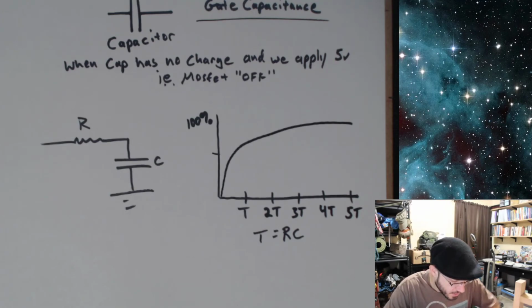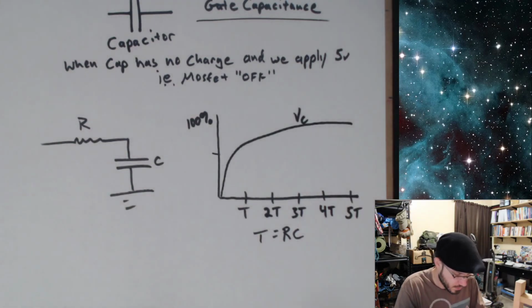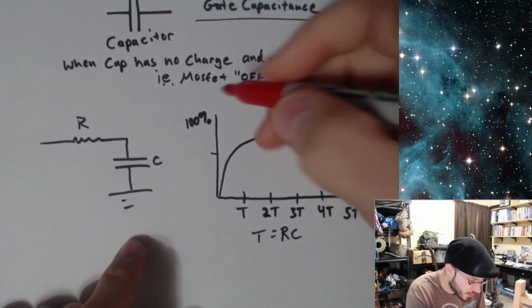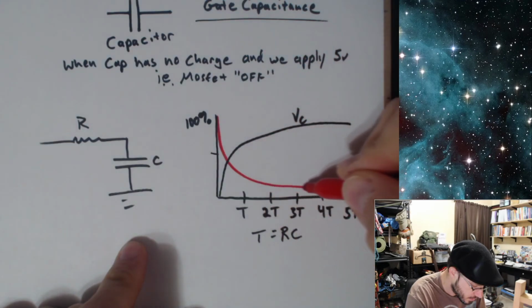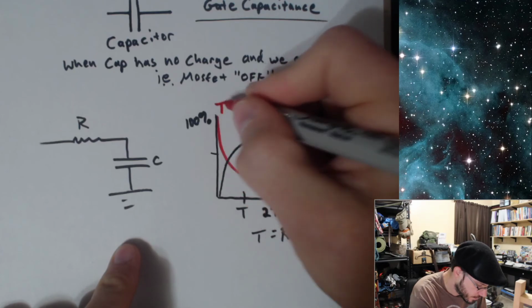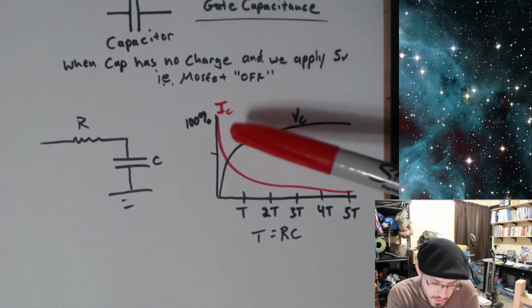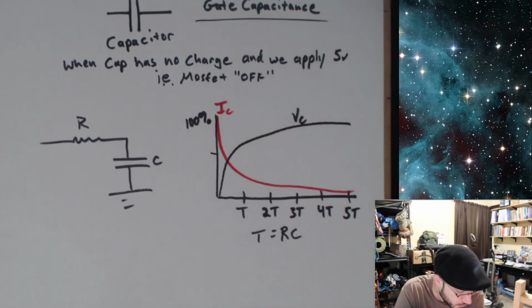However, the current going through this capacitor starts off at 100%, whatever that max value is.